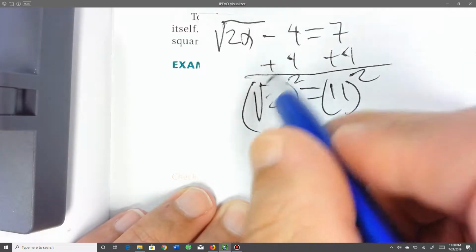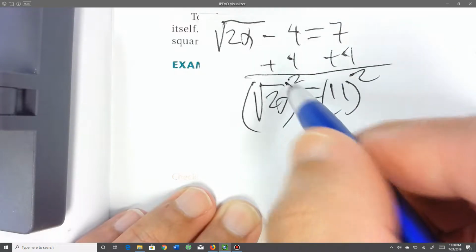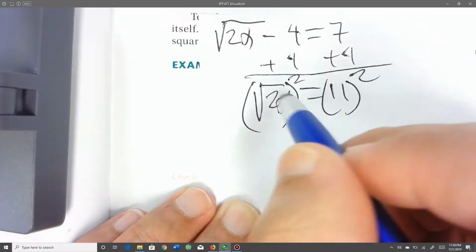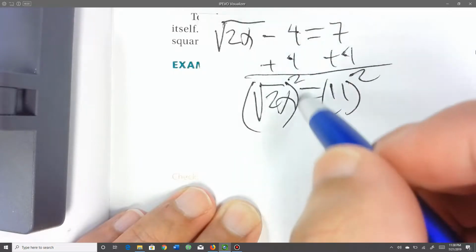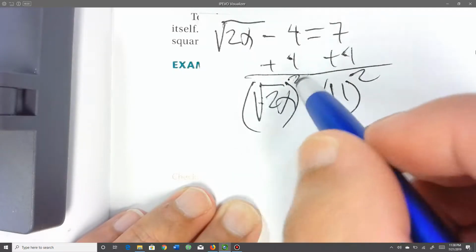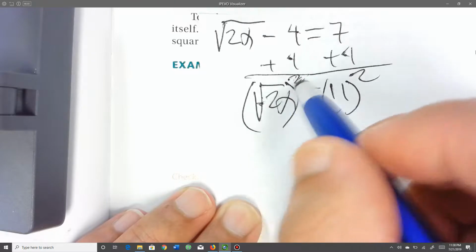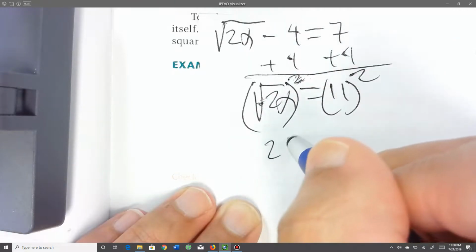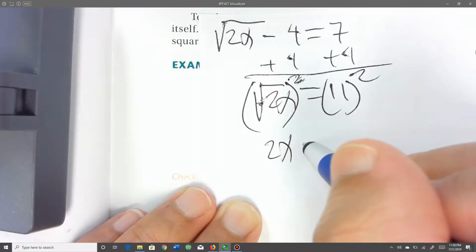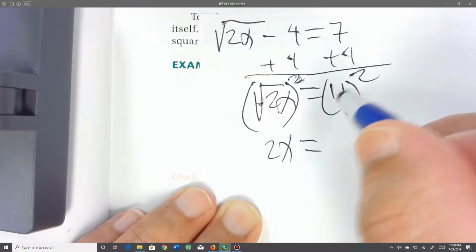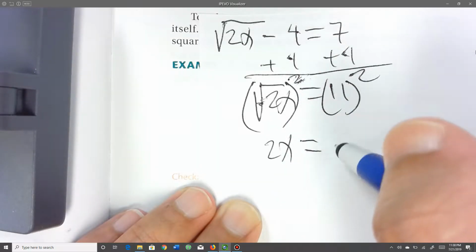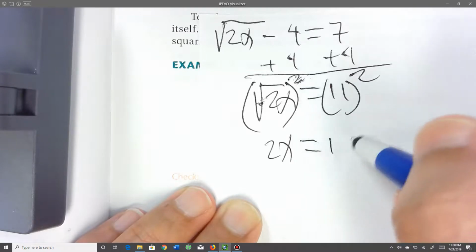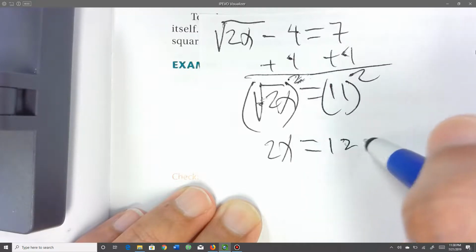But this is exactly the same rule we're using. Right at the end, when you need to square, both of these operations would cancel each other out. Therefore, what I have to do is rewrite 2x on this side equals 11 squared, which is 11 times 11, is 121.